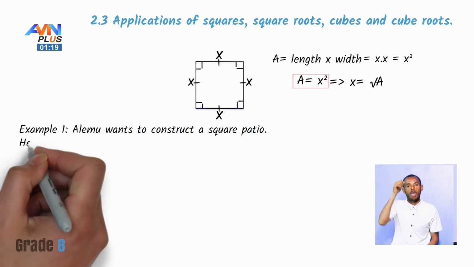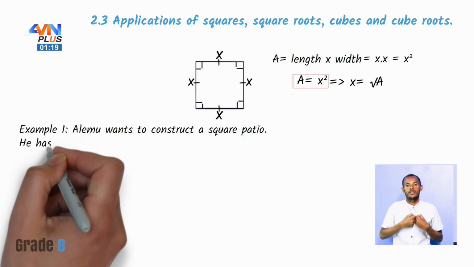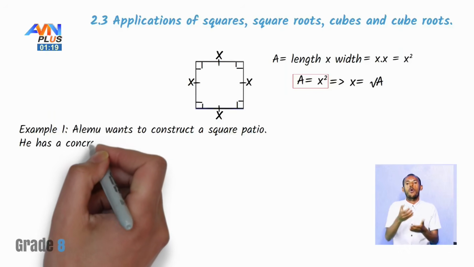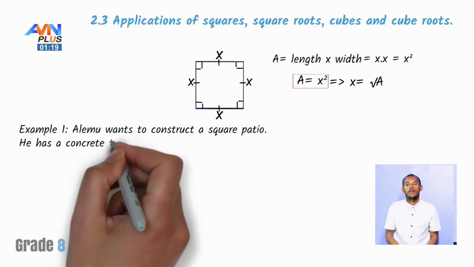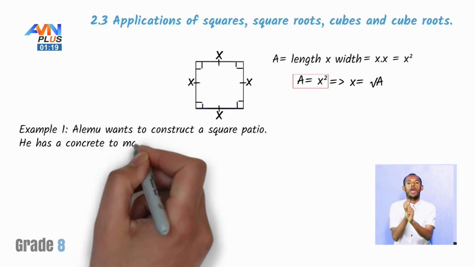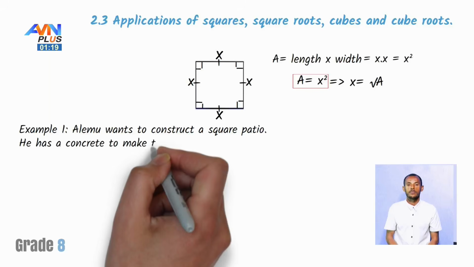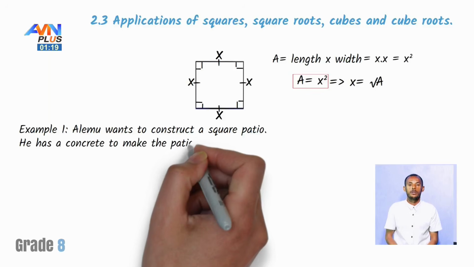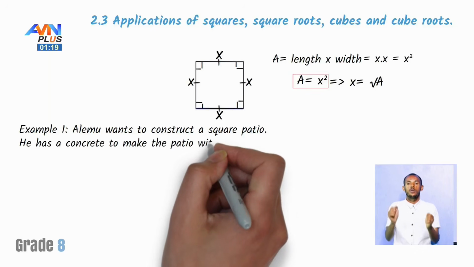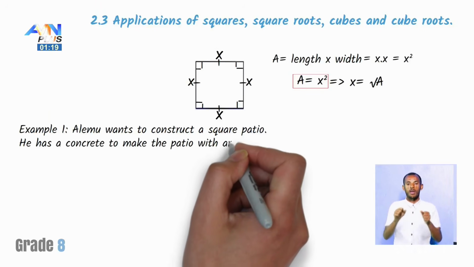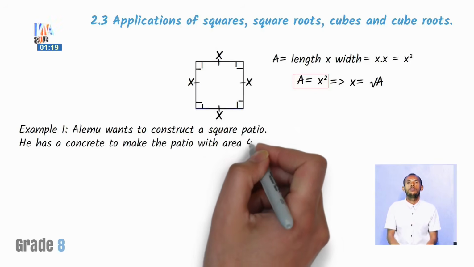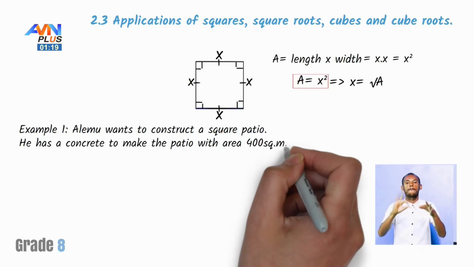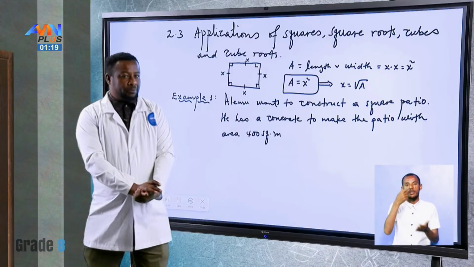He has a concrete to make the patio with area 400 square meter. Okay, look at this example.